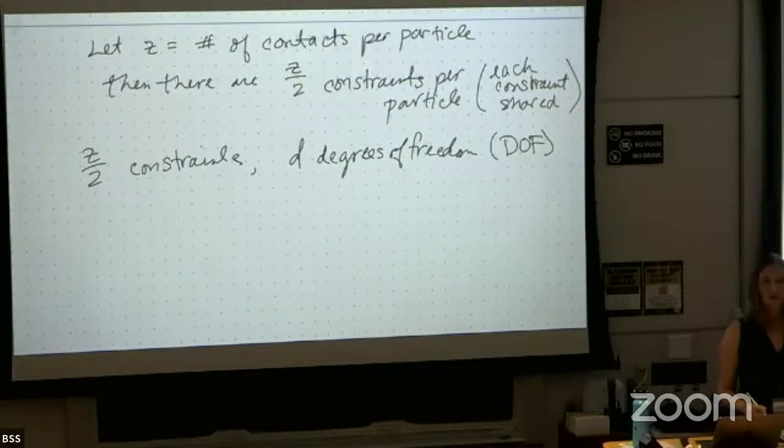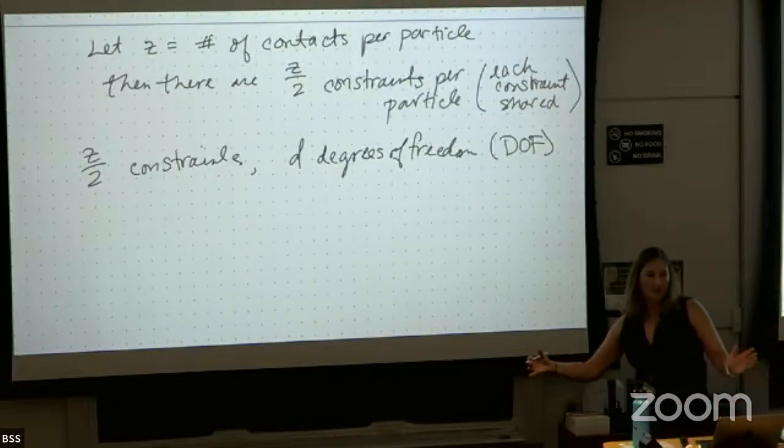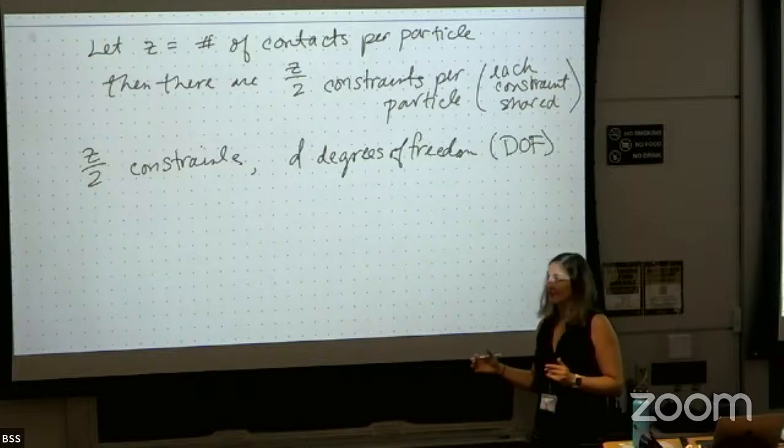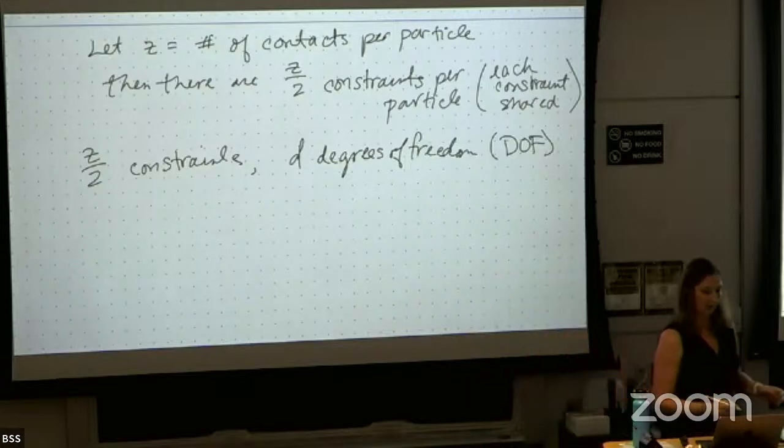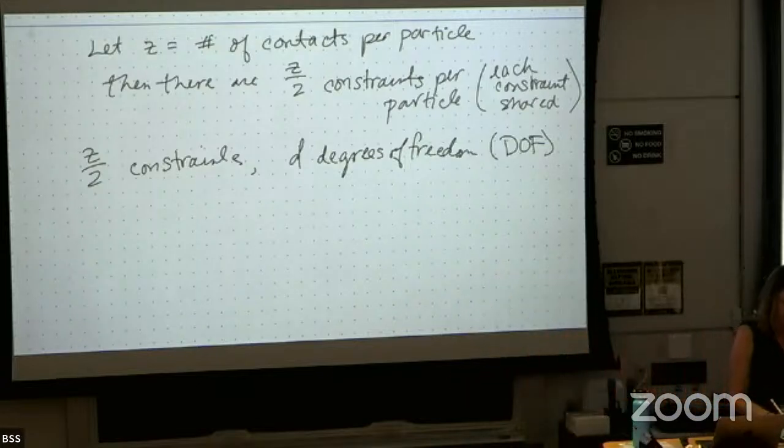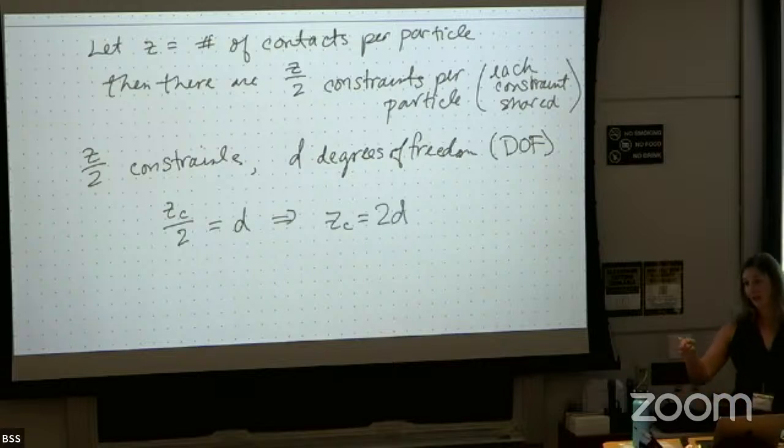And then what's our intuition? If I want the system to be precisely rigid, as you already learned from Professor Das, I set these two things equal to each other, right? When these two things are equal, that's when I become rigid. So I expect there's a critical number of constraints, I'll call it z sub c, where these two things are equal. And this says that z_c equals 2d. So you already see our first place where dimensionality enters the problem.